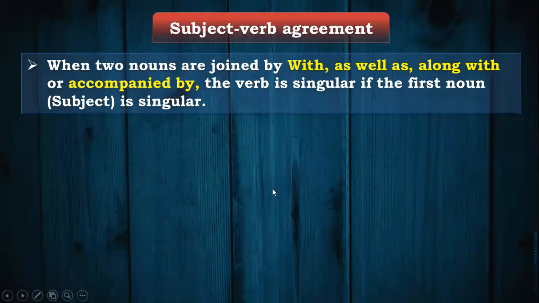For example, me, along with my mother, are going to the picnic. Is it right or wrong? Or in order to make it easier, I, along with my mother, are going for a picnic.